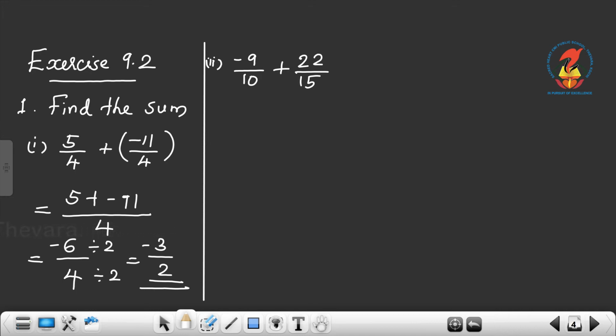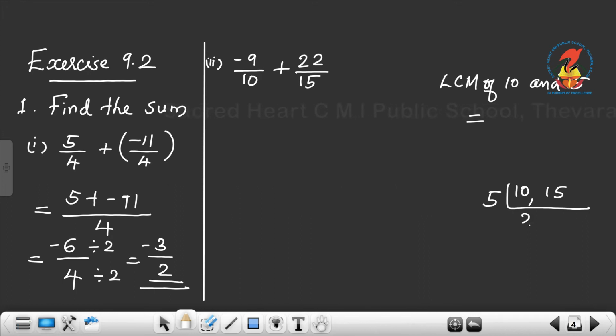Now next one, negative 9 by 10 plus 22 by 15. The denominators are different, so you have to find the LCM. LCM of 10 and 15. We can apply the division method. 5 twos are 10, 5 threes are 15.